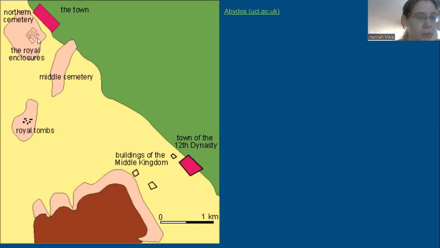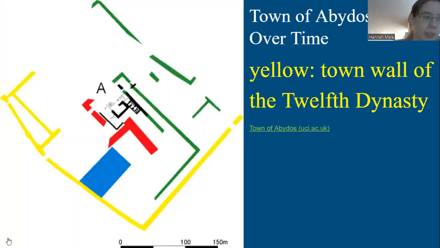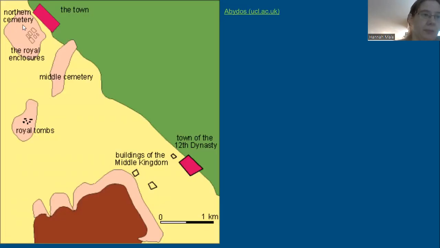And then you have what are termed the royal enclosures, also from the early dynastic period here, that seem to be directed or linked in some way with these early dynastic royal tombs. And then you have some of the cemeteries of the site as well. So the northern cemetery here, and then another middle cemetery.